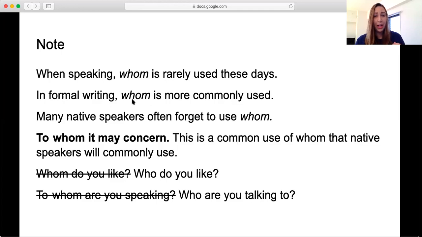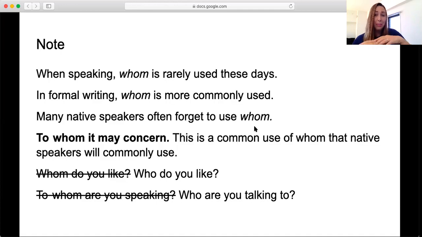You will see whom in formal writing. In formal writing, whom is more commonly used. So when you're writing a report, or maybe a very important business email, you might use whom, okay? Many native speakers often forget to use whom. A lot of people think that whom is becoming obsolete, and that maybe in a few generations, we will no longer use whom, okay?